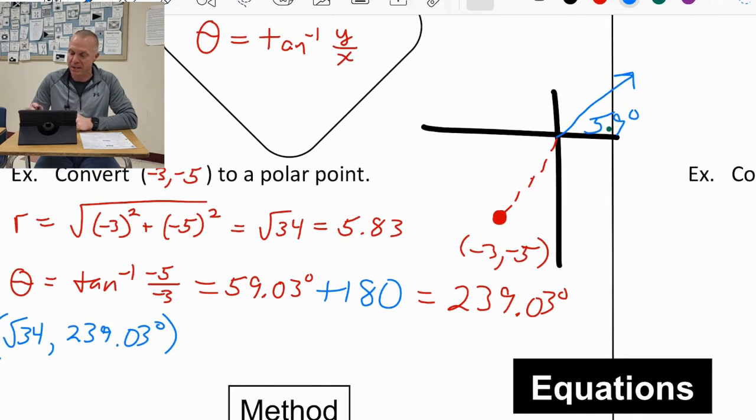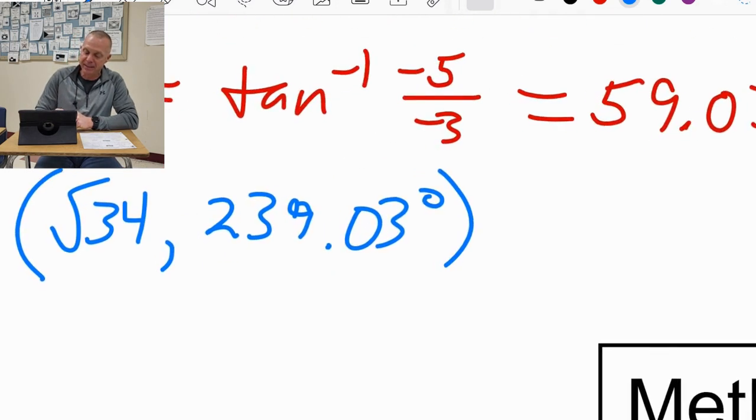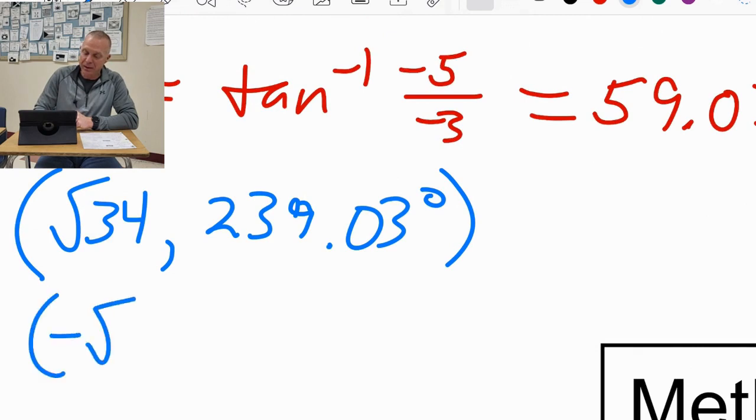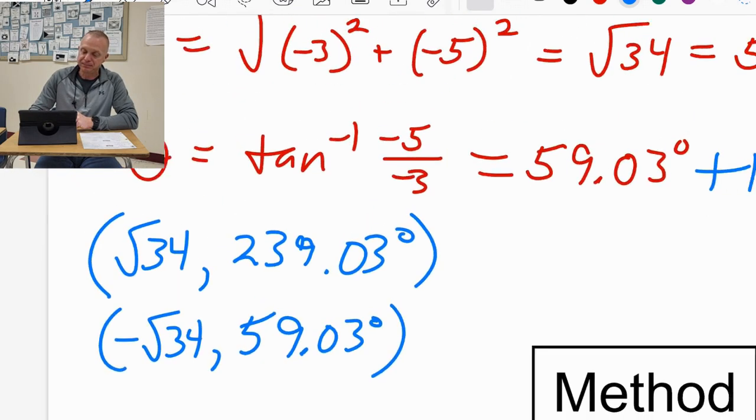You see, if you really like 59 degrees, all you'd have to do is make your radius negative. In other words, if you make your radius negative or the opposite, and you stick with 59 degrees, then you also would be in the same location.